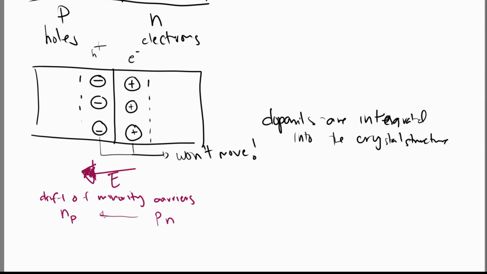Punta siya sa opposite sides. At equilibrium, the current due to diffusion and drift, J diffusion plus J drift, should be equal to 0. Kasi dapat wala tayong net movement of charges.